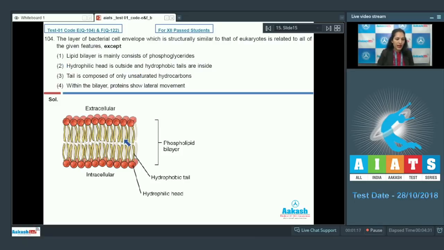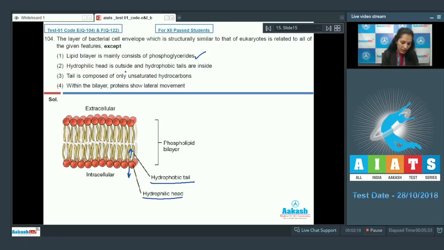This is the lipid bilayer component of the plasma membrane. The plasma membrane has a lipid bilayer and proteins. The lipid bilayer of the plasma membrane mainly consists of phosphoglycerides. Yes, it is true. Second, the hydrophilic head is outside and hydrophobic tails are inside. You can see here the hydrophobic tail and the hydrophilic head. The hydrophilic head is outside whereas the hydrophobic tail is inside.